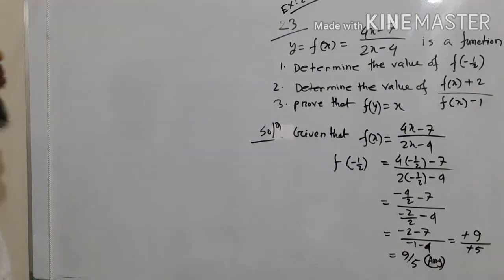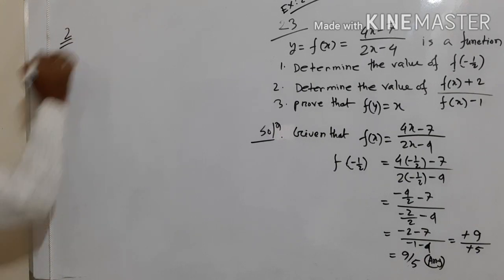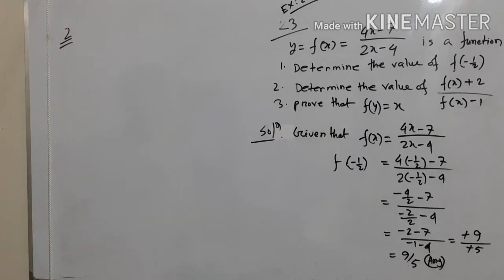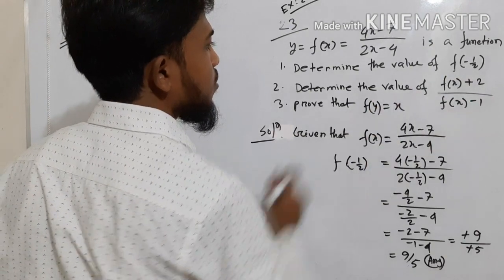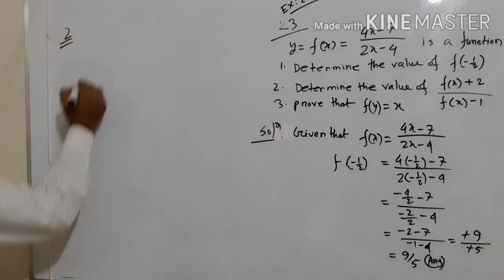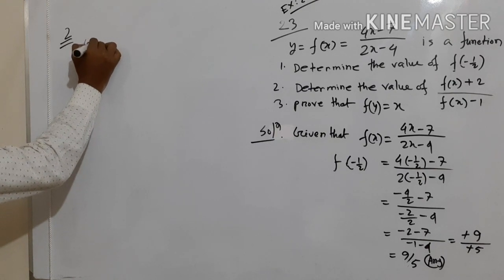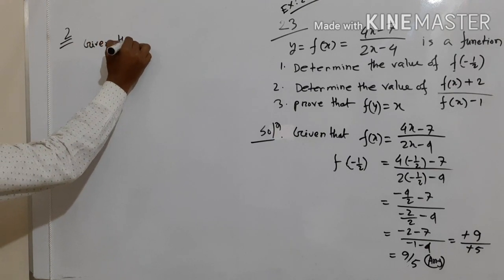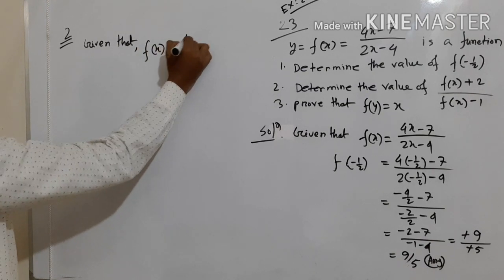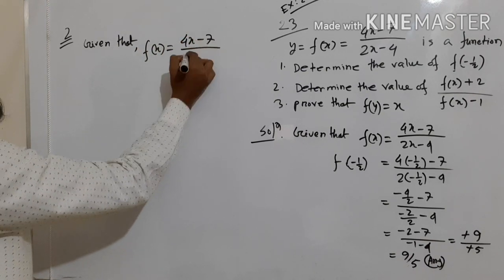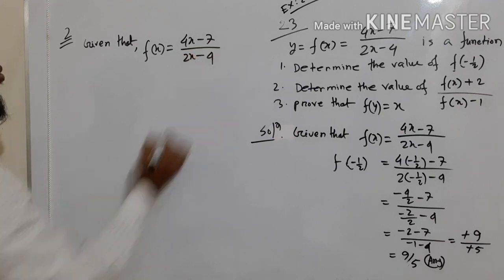Now look, problem 2. Determine the value of f of x plus 2 divided by f of x minus 1. So, given that our function f of x equal to 4x minus 7 divided by 2x minus 4.